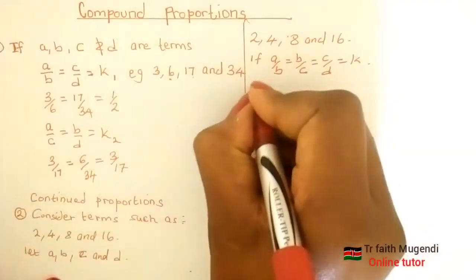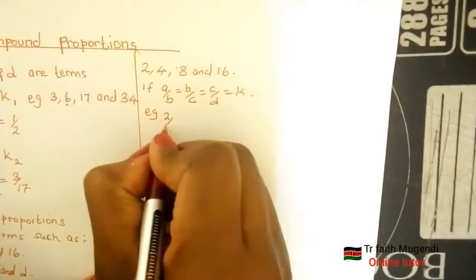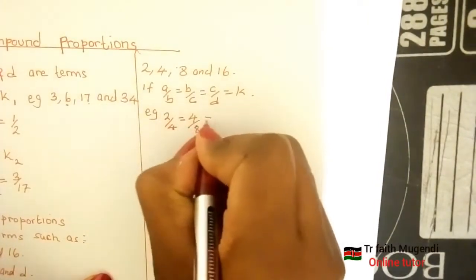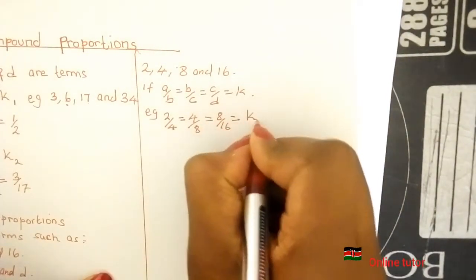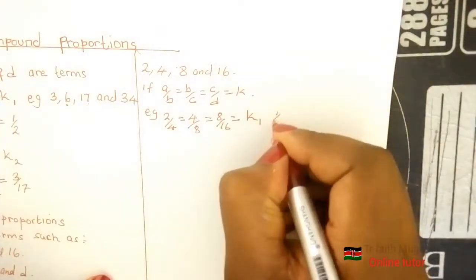But for continued proportion, we have taken the successive ratios. For example, 2 over 4 is equal to 4 over 8 is equal to 8 over 16 is equal to a certain constant, and in this case, it's half.